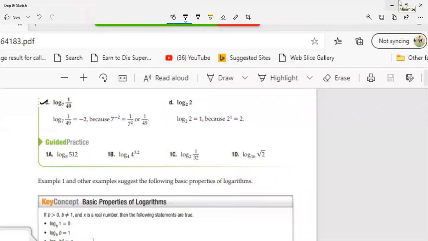Find the value of log, question number C. We have to find the value of log 1 by 49 to the base 7. So in the same way, we will let log 1 by 49 to the base 7 is equal to y, and then write in exponential form.